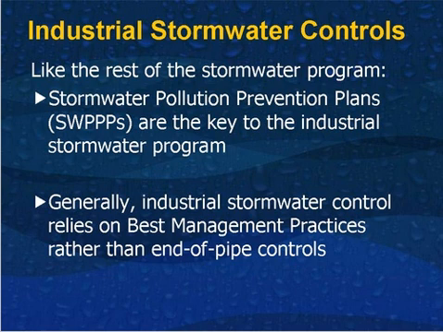Okay, and then also similar to construction, industrial facilities are required to develop a stormwater pollution prevention plan, and the details of that SWPPP are generally covered in the general permit issued to that facility or issued for that state. And again, these rely on BMPs rather than end-of-pipe controls. The BMPs generally being a lot of good housekeeping type practices, cover, and things like that.